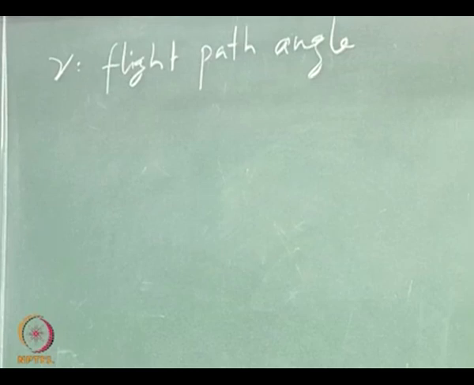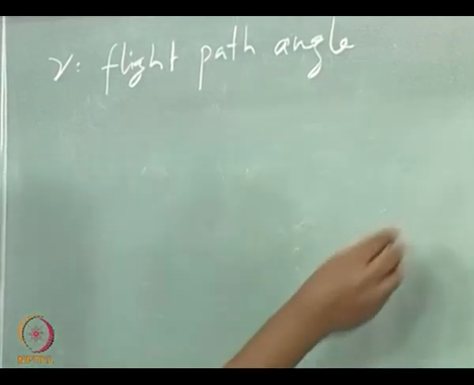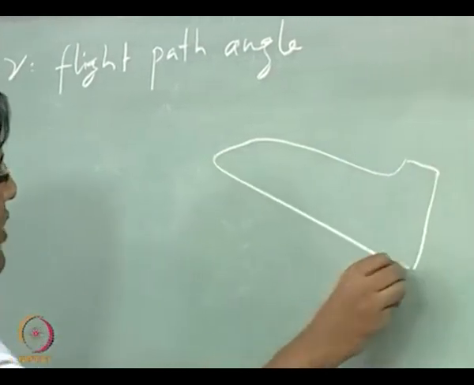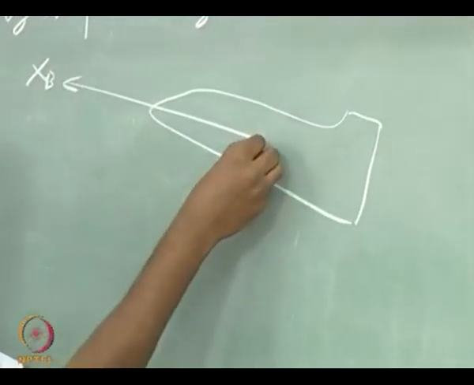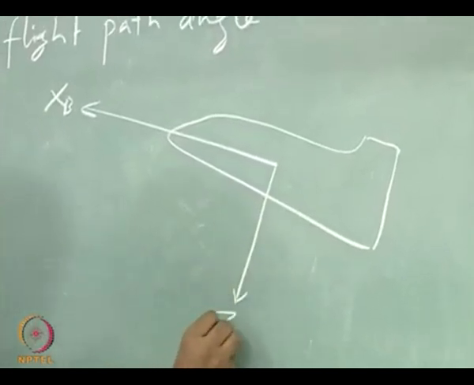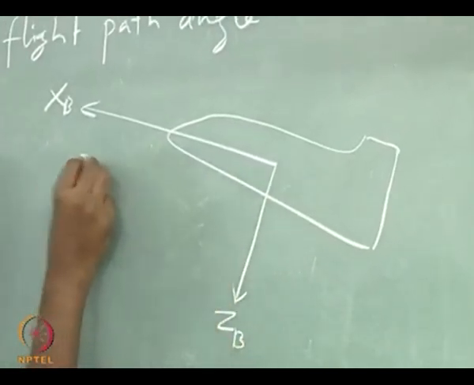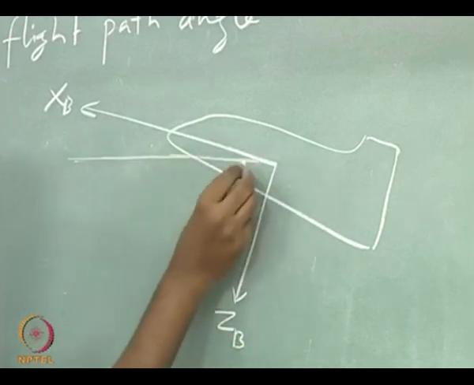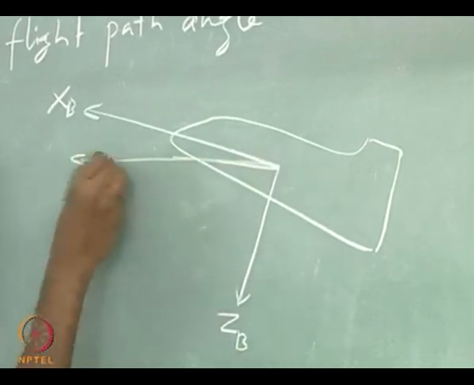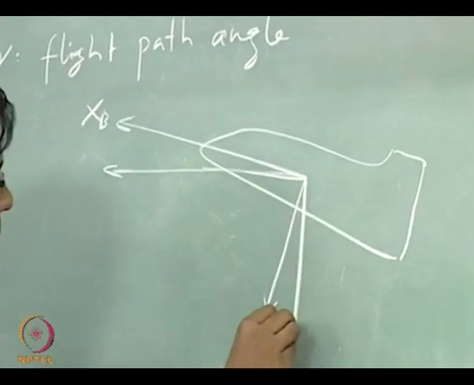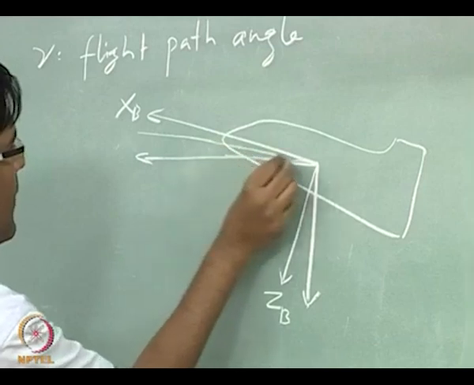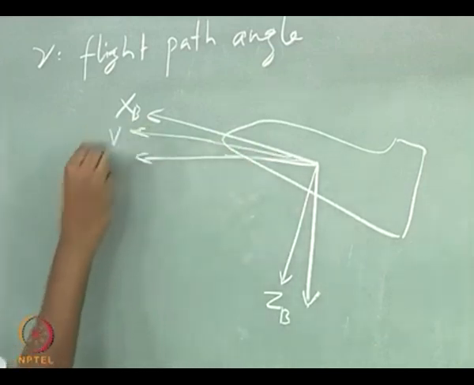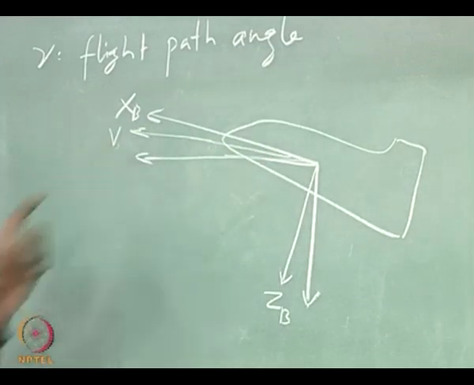And the way we define this angle is, so if this is the direction of your velocity vector, our aircraft is flying along this vector, right?